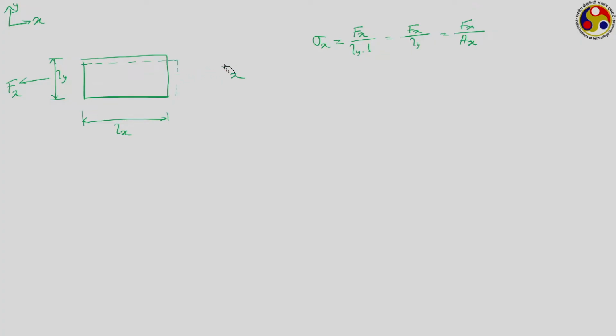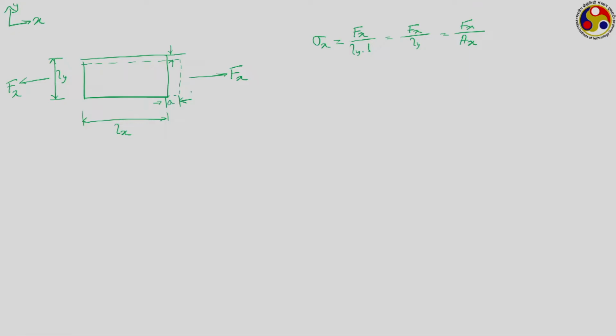To clarify the image, I am erasing this force F x for now. So, maybe something like this, let us say this is your F x. This is the increase in length in the x direction, whereas this represents the decrease in length in the y direction.